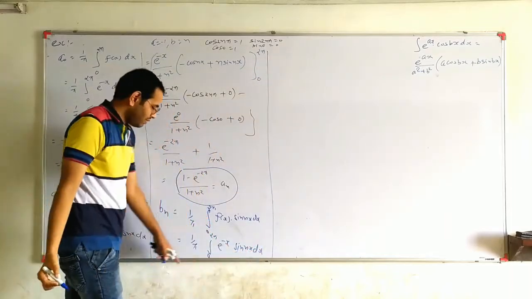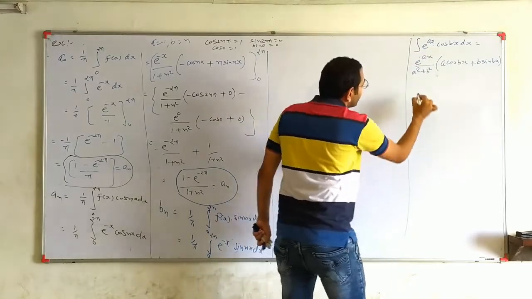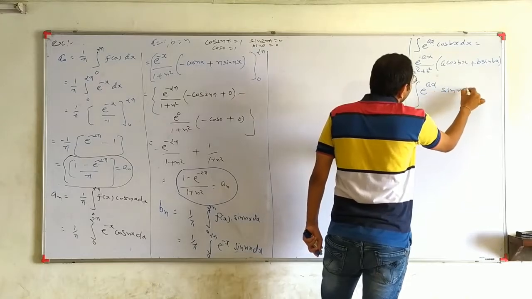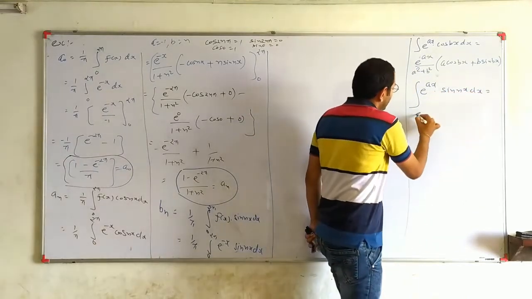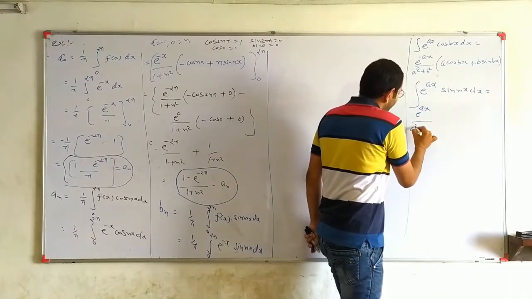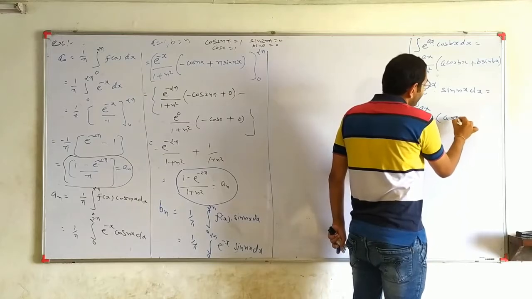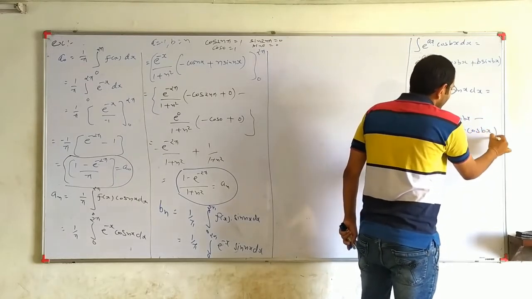Now similarly we have another formula, the integral of e raised to ax sin bx dx, which is e raised to ax upon a square plus b square, times a sin bx minus b cos bx.